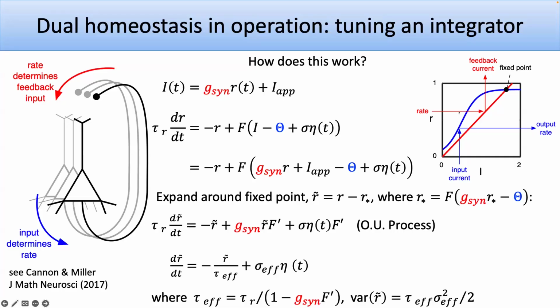So even if your fixed point rate is somewhere along this region, it's forcing them to come quite tightly together. But the point here is that, in this case, the synaptic conductance is changing the effective time constant, and is doing so via the variance, because it's in the variance of the firing.